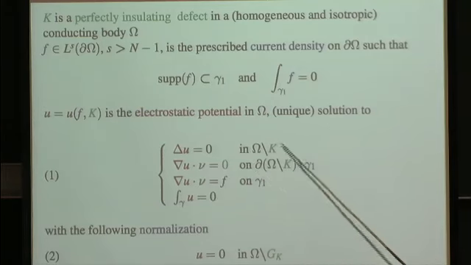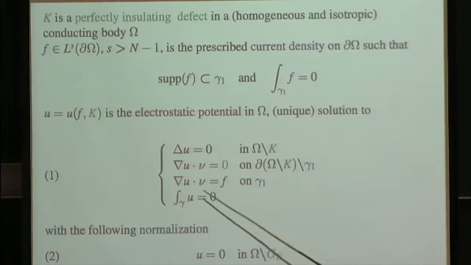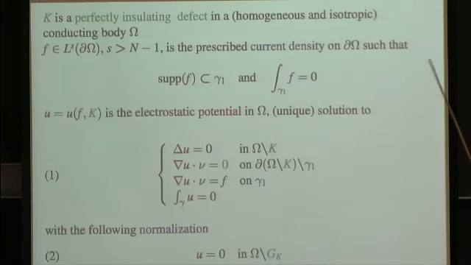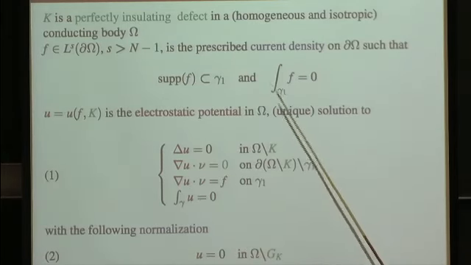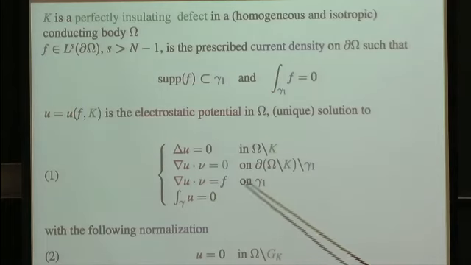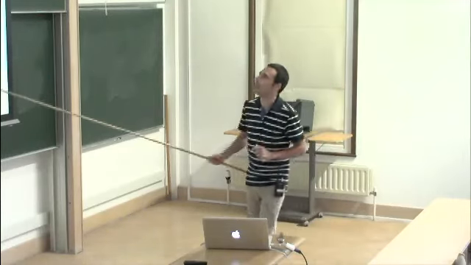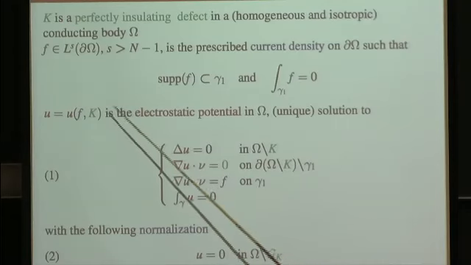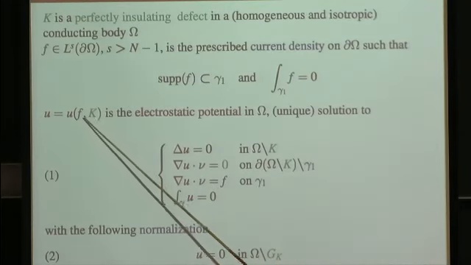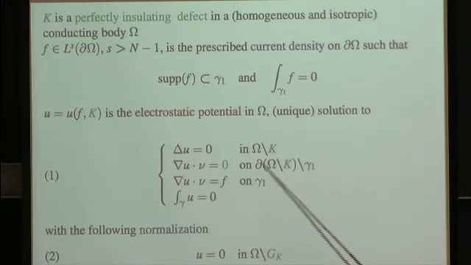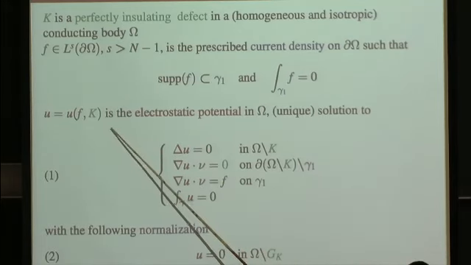So it's harmonic in omega outside the defects, satisfies this no flux condition across K, across the defect, which means that you don't have current going through the defects, so the defects are insulating, and satisfies the prescribed current density on gamma 1, plus these are simply normalization conditions that ensure uniqueness of your solution, but really are not very important. And of course the potential depends clearly on the density you apply, but mostly depends on the geometry, which is given by omega minus K, so it depends on K.